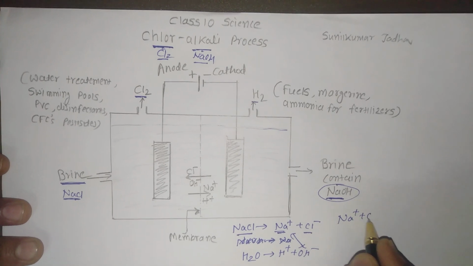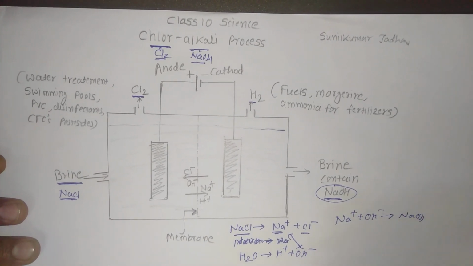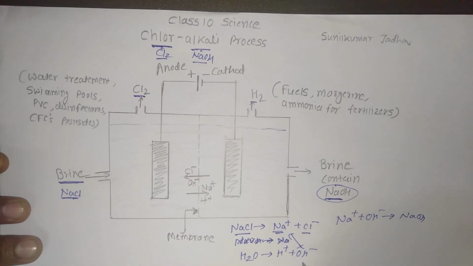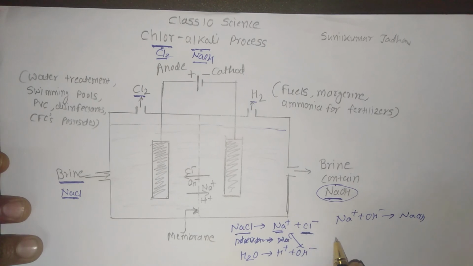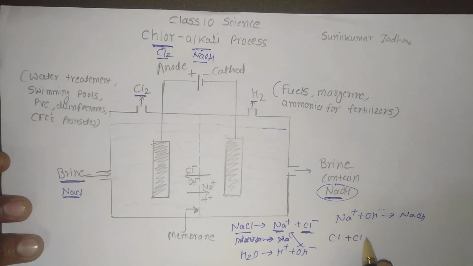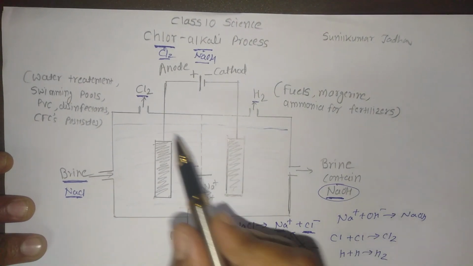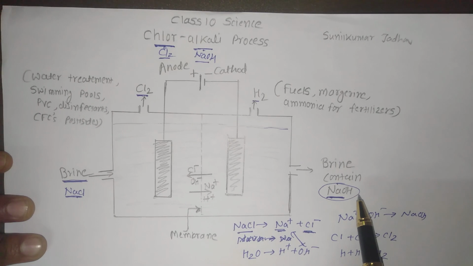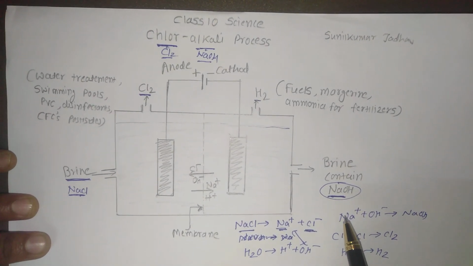Here H plus and H plus will convert to H2, and Cl plus Cl would be converted to Cl2. Hence we are obtaining H2, Cl2 and the brine containing NaOH, that is sodium hydroxide.